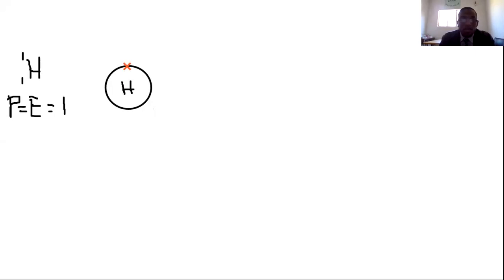when you check on the periodic table, you find that helium is H, capital H, small letter E. Then you have 4 on top, you have 2 down there, meaning your proton number, which is equal to the electron number, is equal to 2.